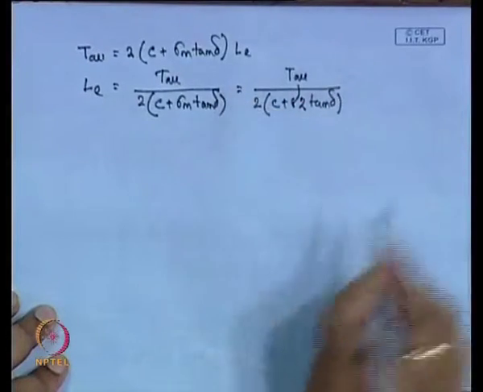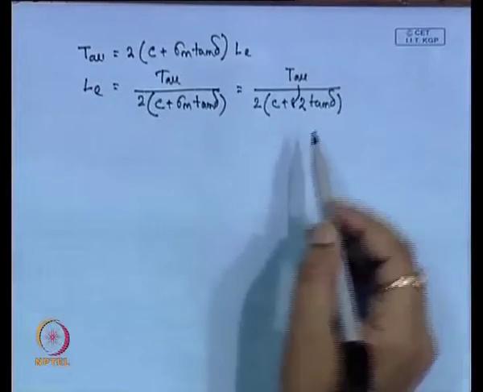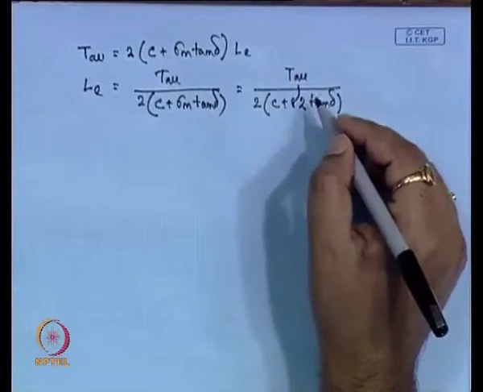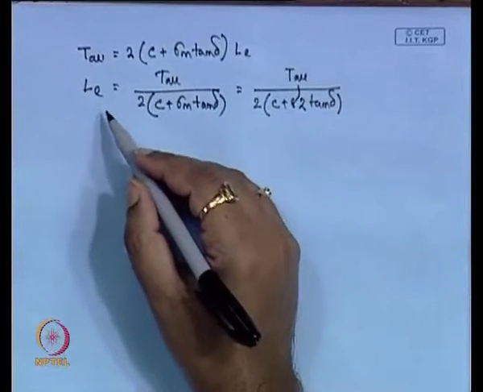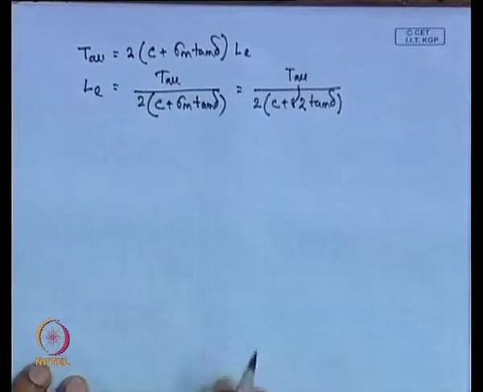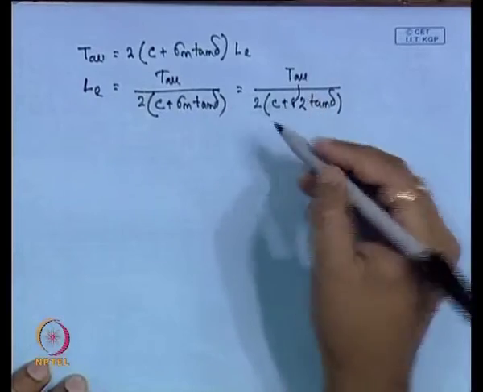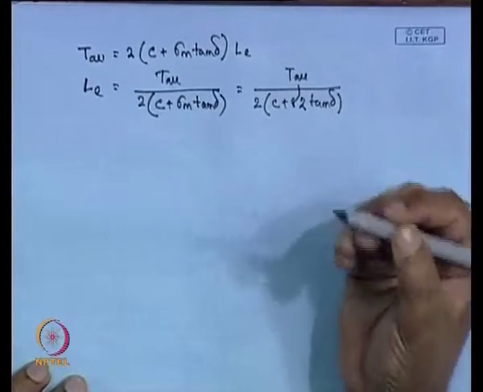So, here also we can see that if z is equal to 0 or if z is very small, then L e is more. That means the required length of the geosynthetic at the top surface is more as compared to the bottom of the reinforcement.